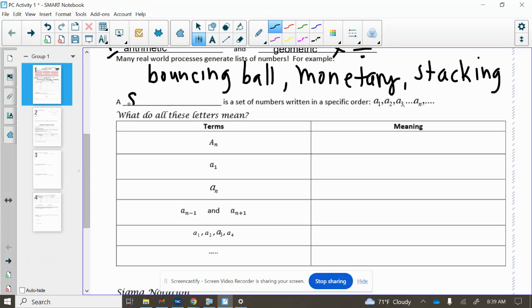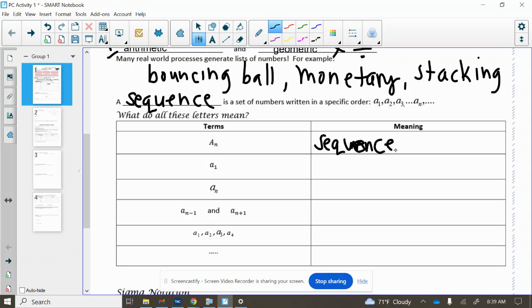Now, a sequence in general, whether it be arithmetic, geometric, or any of the others up above, is when we write our numbers in a specific order. So term 1, 2, 3, 4, and following this pattern. A sub n means our sequence as a whole.